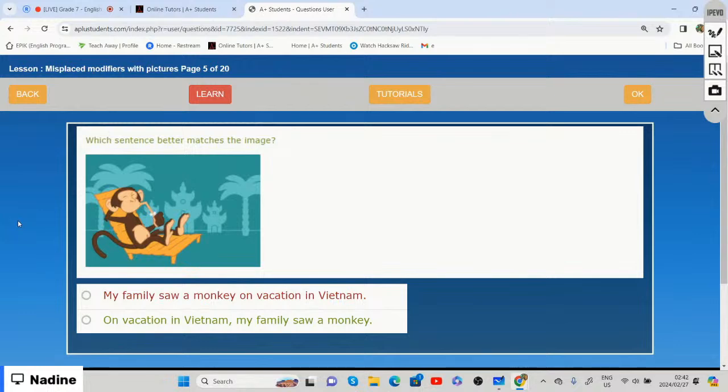All right, and if we choose the sentence that better matches the image, it says my family saw a monkey on vacation in Vietnam, or on vacation in Vietnam, my family saw a monkey.